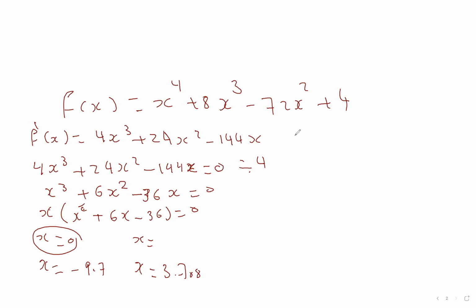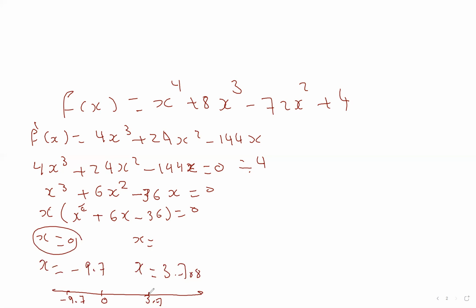To find the inflection, so you have to find these points 0, negative 9.7 and 3.7, and we need to know which of these points is local minimum or local maximum.